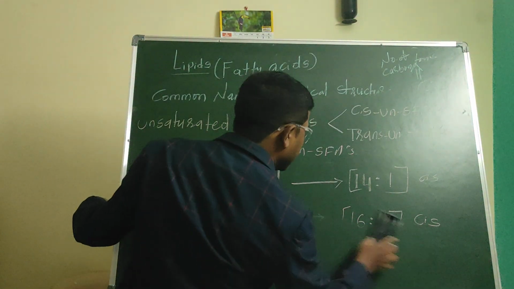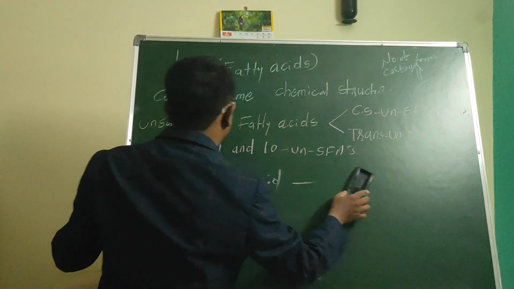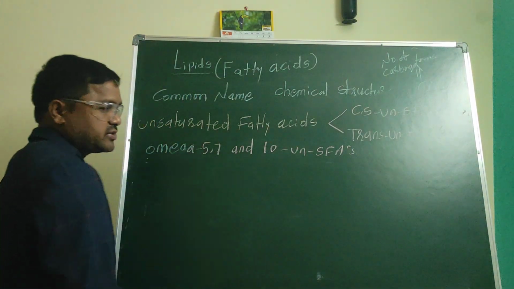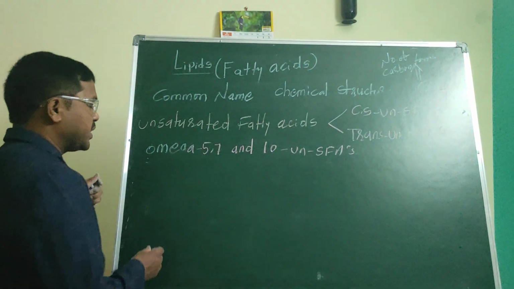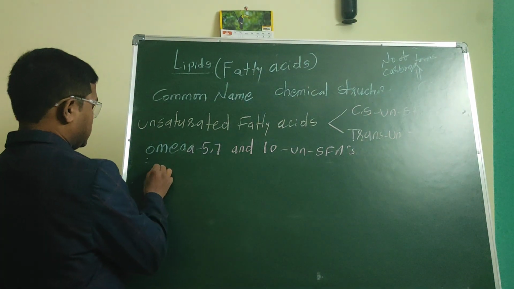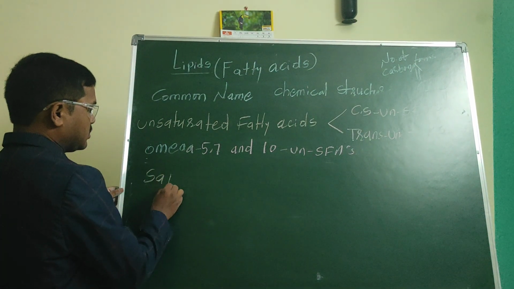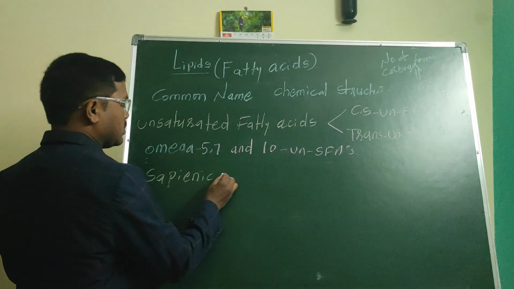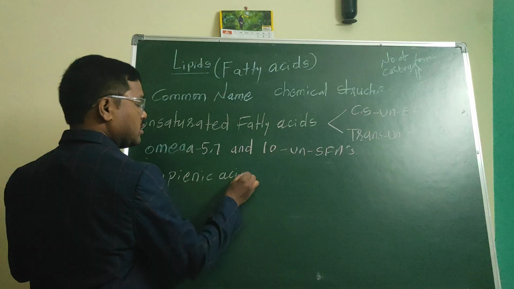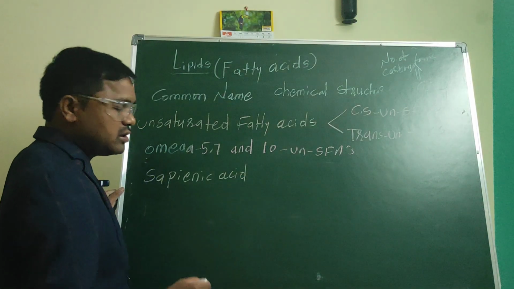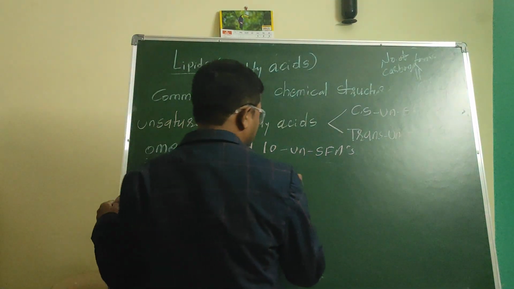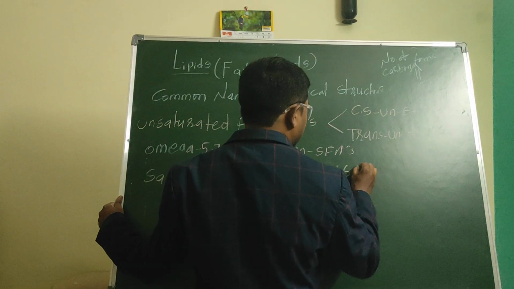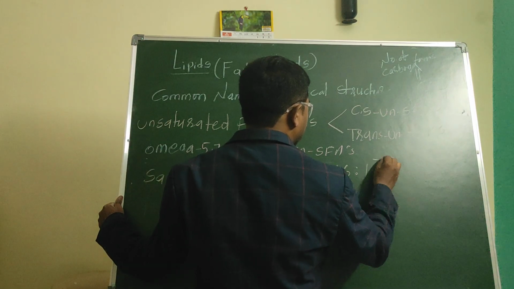One more: we have sapienic acid. Number of carbon atoms 16 and the number of double bonds is 1.